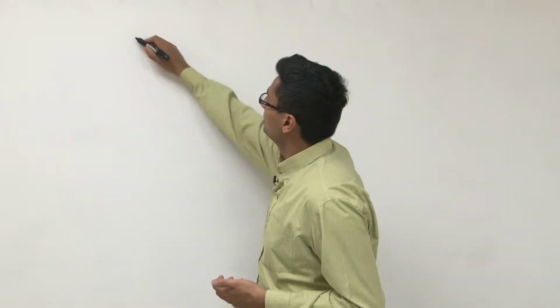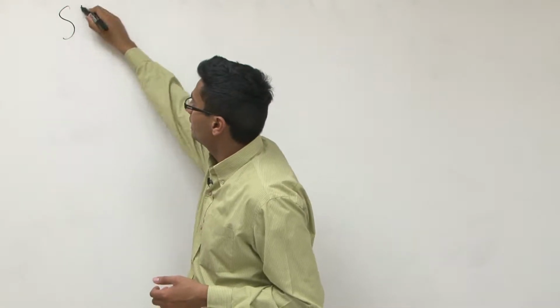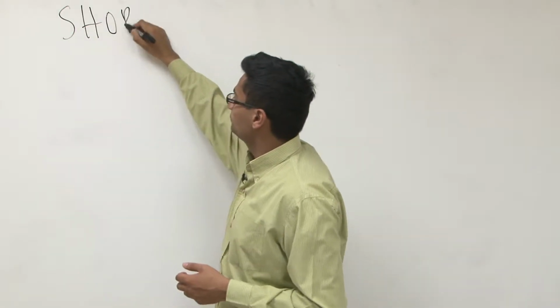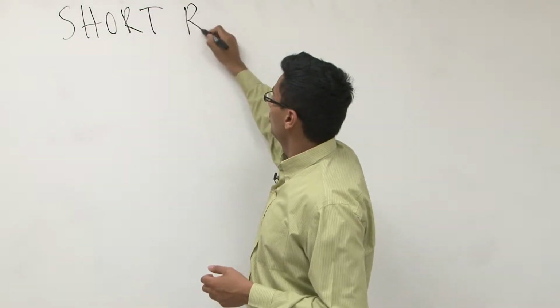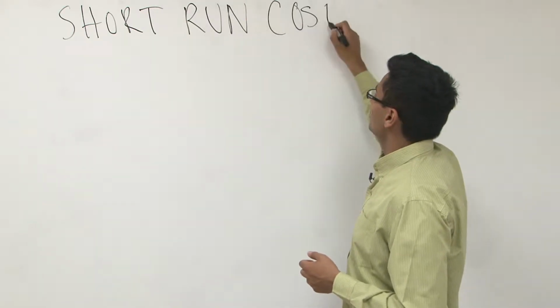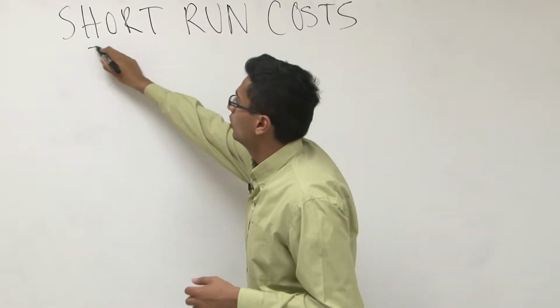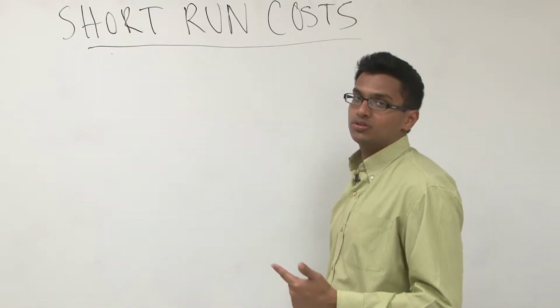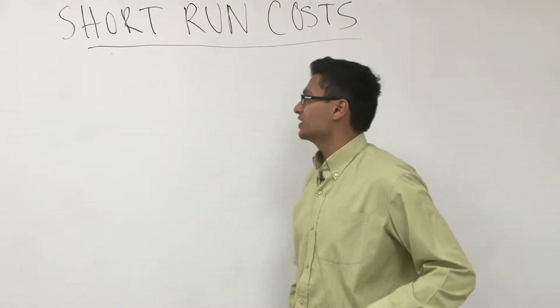The first one we're going to go over is short-run costs, and we're going to define three terms. So let me start over here. Short-run costs. What are my short-run costs? The first term that we're going to use is total fixed costs, or TFC.